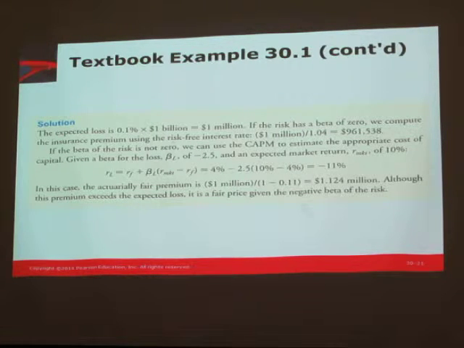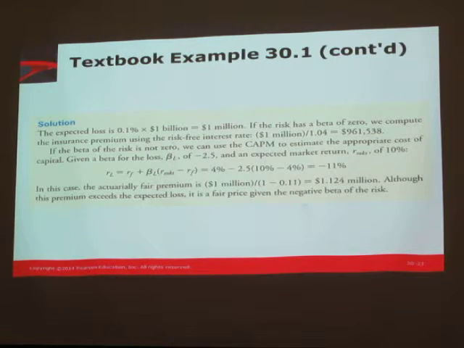Why do we do that? That $1 million is paid when? Maybe 1 year from now. We could invest $961,538 at a rate of 4% to get $1 million a year from now, right?